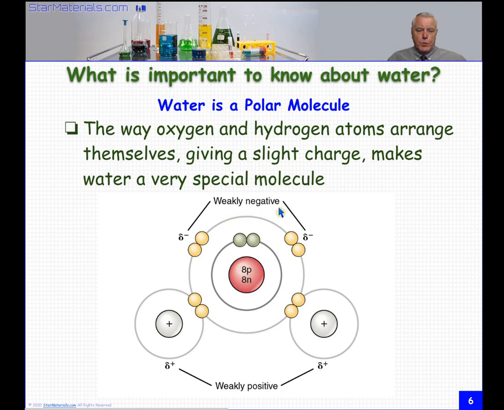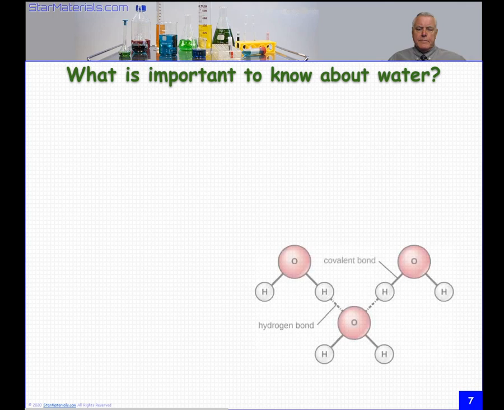This part is weakly negative. It's not a lot. But this part is negative and this is positive. That comes into play a little later on.